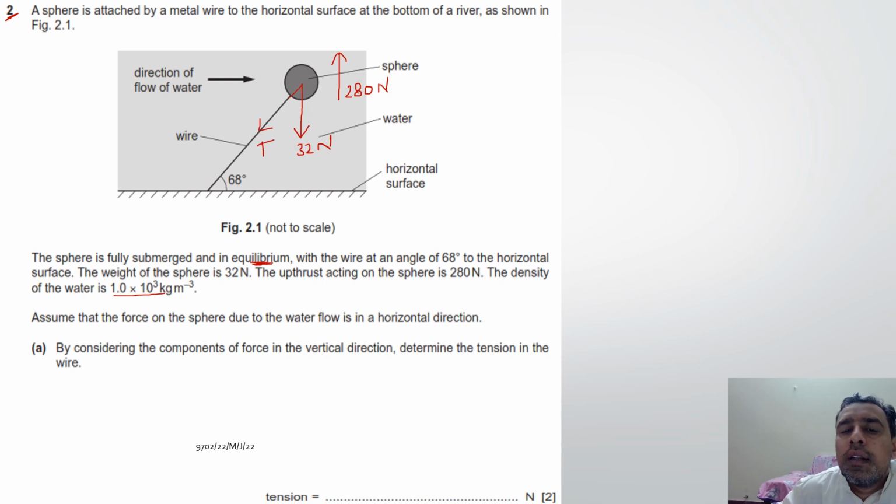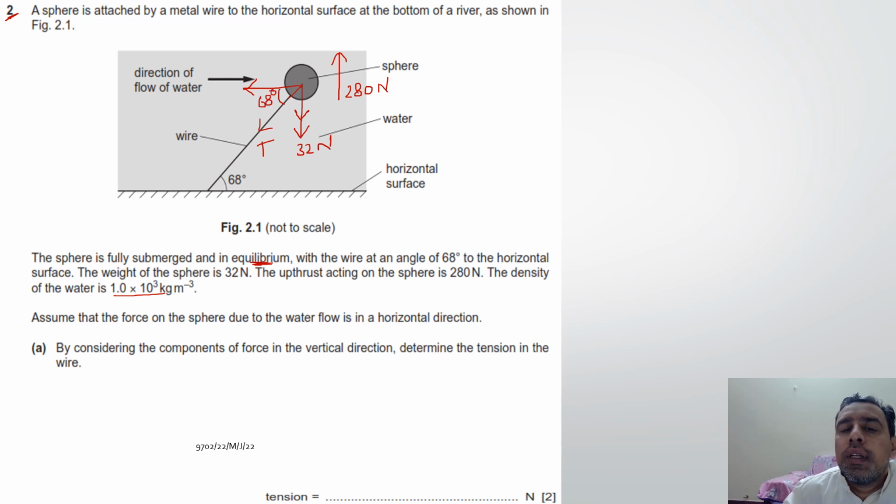So we divide the tension into components. One component is here and the other component is along the weight, and these two angles are equal, opposite angles. This is 68.